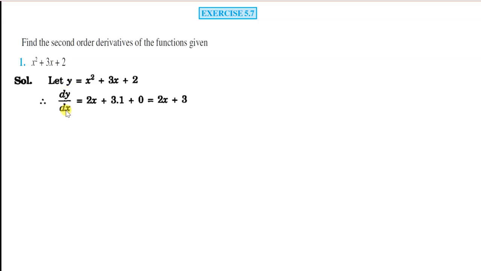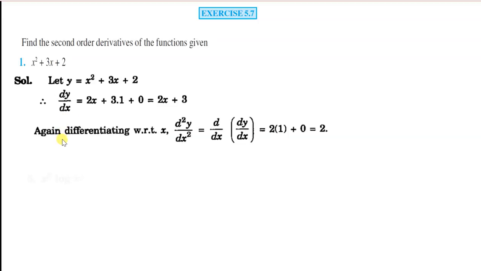So we get dy by dx equal 2x plus 3. Now again we can differentiate it with respect to x. So we get d2y by dx square equal derivative of 2x is 2 and derivative of 3 is 0. So we get d2y by dx square equal to 2.